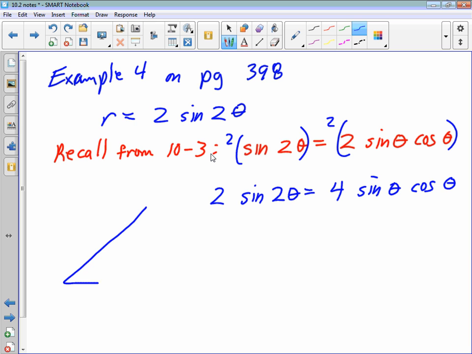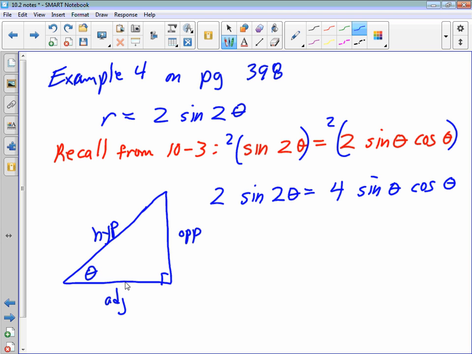Remember way back when we did, here's some angle theta, and we talked about the sine being opposite over hypotenuse. We talked about the cosine being the length of the adjacent side over the hypotenuse.